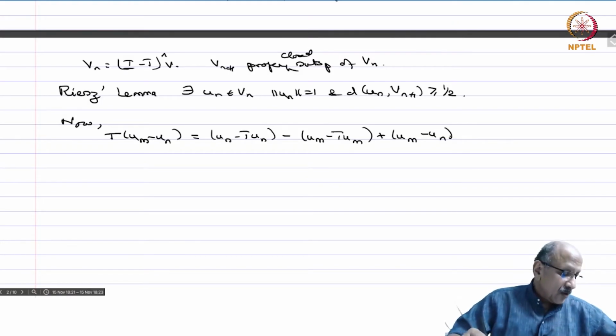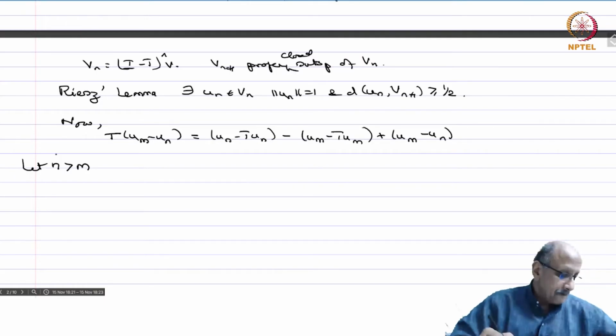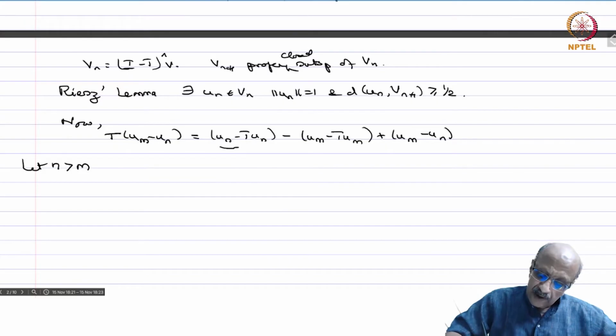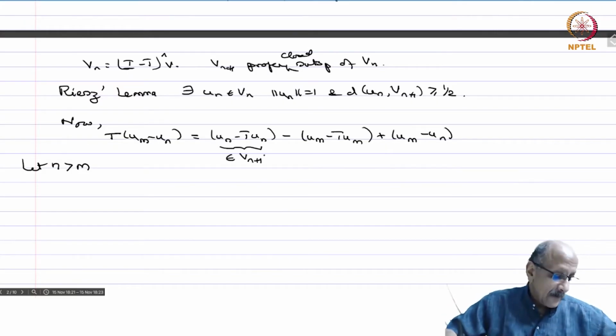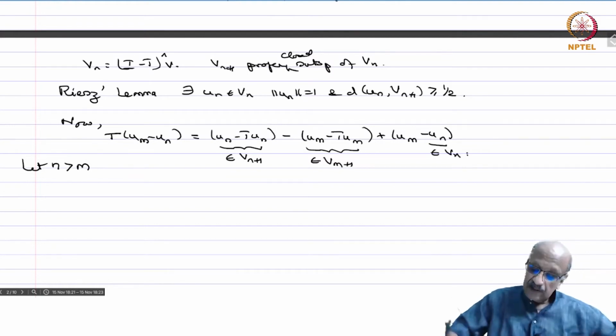So assume n is bigger than m. Then un minus Tun belongs to Vn+1, Tum belongs to Vm+1, and un itself belongs to Vn.